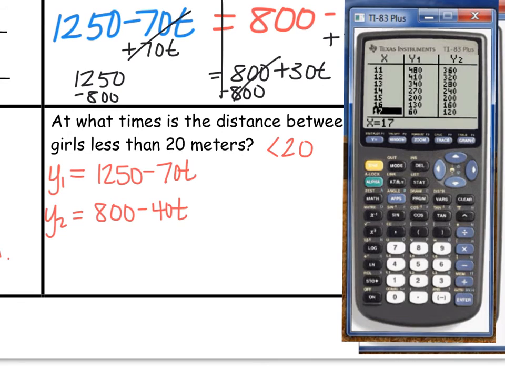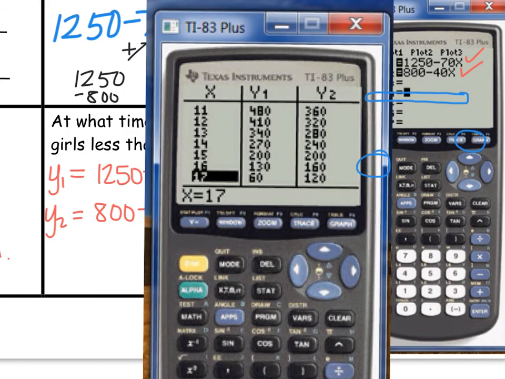So when I hit my second table, or second graph button, I can see that when the time is 15 minutes, they have traveled the same distance, which is when Maggie caught up to Ming. So I'm looking for a difference of less than 20 meters.